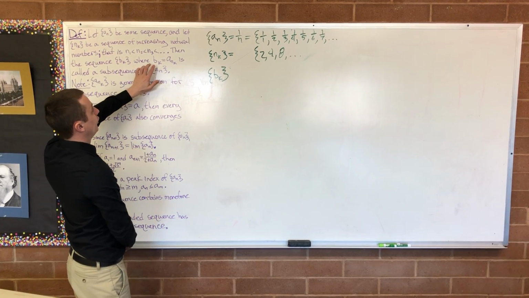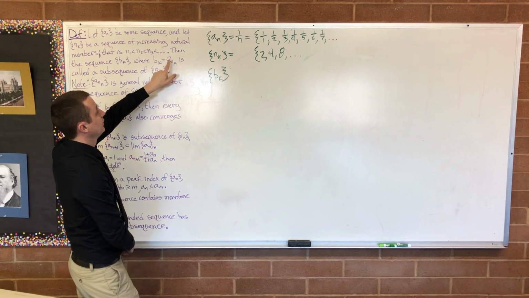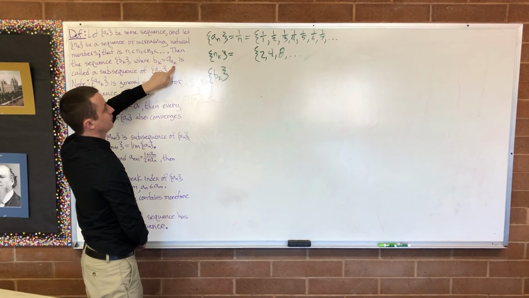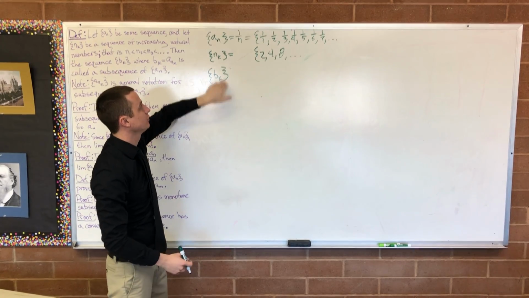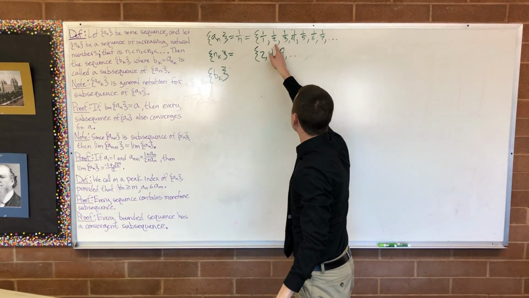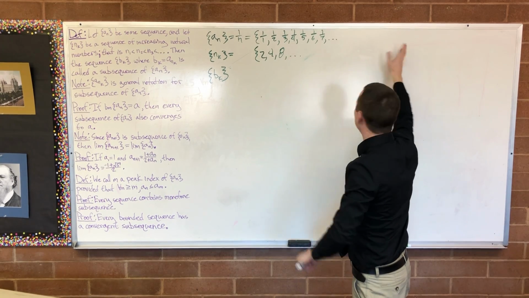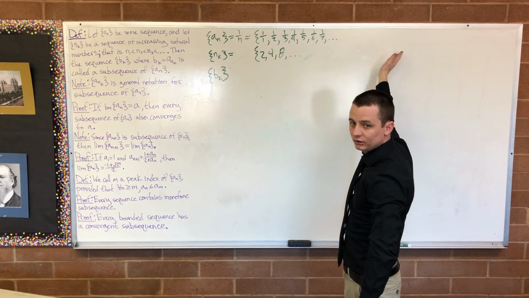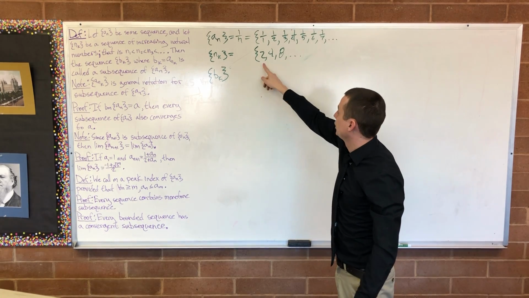We're going to make the kth term in b_k the a_{n_k} term from this sequence. So we are going to create a sequence from this sequence, just choosing elements in it. We're going to come along and say, I want that one, and that one, and that one. And we're going to go on picking infinitely many out and putting them into what we're going to call a subsequence. Which ones are we going to pick? We're going to pick these ones.